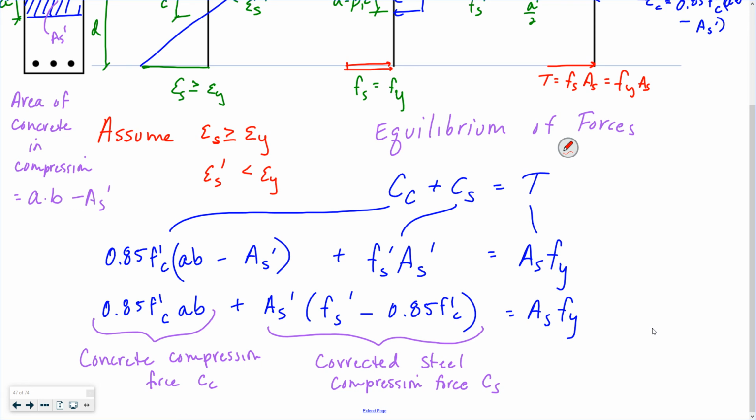If I put more stuff on the left side of this equation of equilibrium, right? If C sub S is greater than 0, if I have compression force in there, what's going to happen to this force if this is still equal to ASFY? This is going to go down, right? I don't need as much compression strength from my concrete because I got some steel in there.